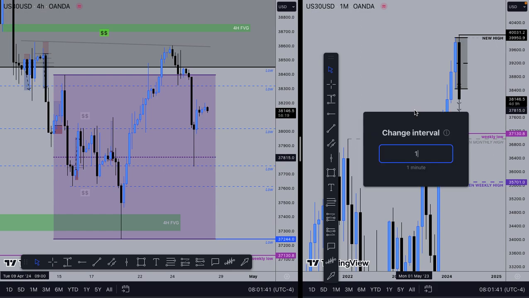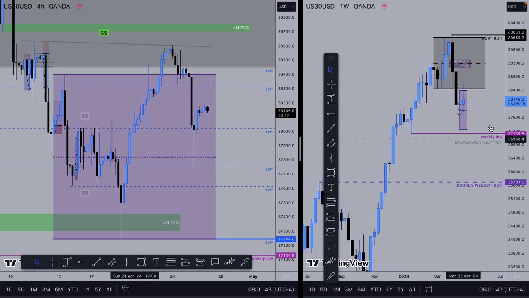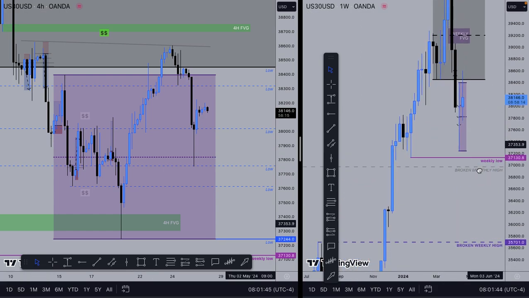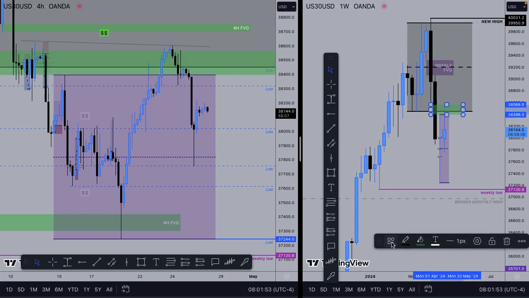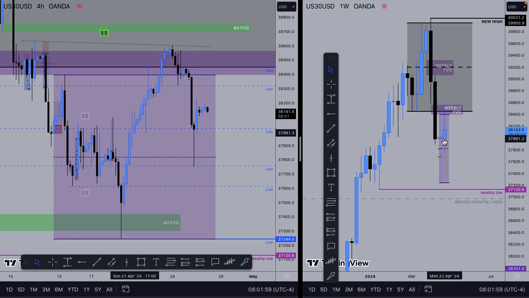So let's go down to the weekly and analyze what we got going on. We tapped into another gap here. This was the beginning of the week, this weekly fair value gap. As you can see, we opened, traded above into that gap, and then we came back down.